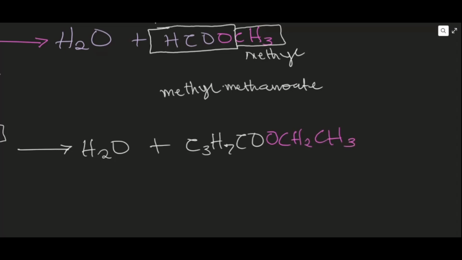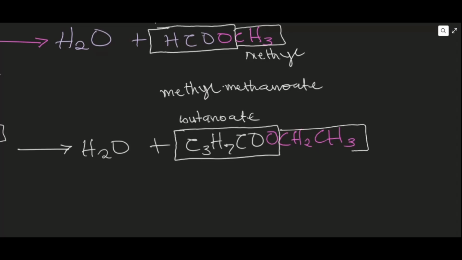So if you want to name this compound, we have to take the O of the ethanol together with the O of the acid. These are 4 carbon atoms, so we have butanoate. And then what we have left of the ethanol is CH2CH3, just like ethane.